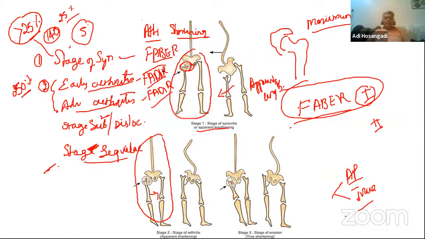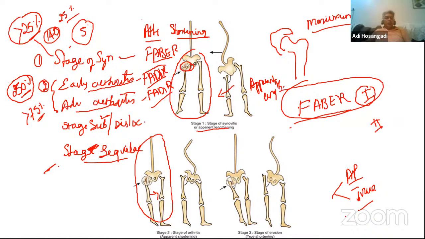Flexion, adduction, internal rotation. So how do you differentiate between early arthritis and advanced arthritis? In early arthritis, only 50% of movements are restricted. In advanced arthritis, restriction is more than 75% of the movements.